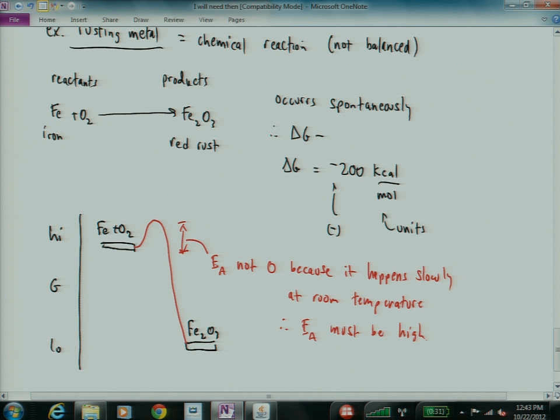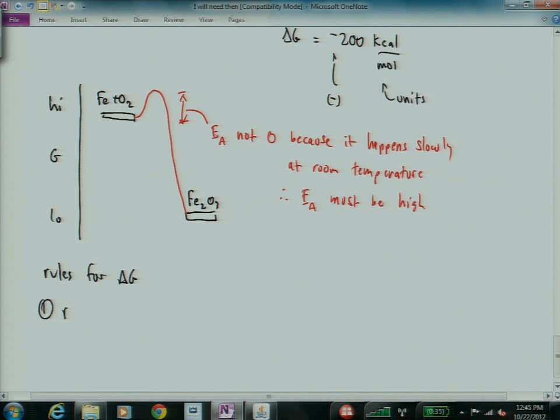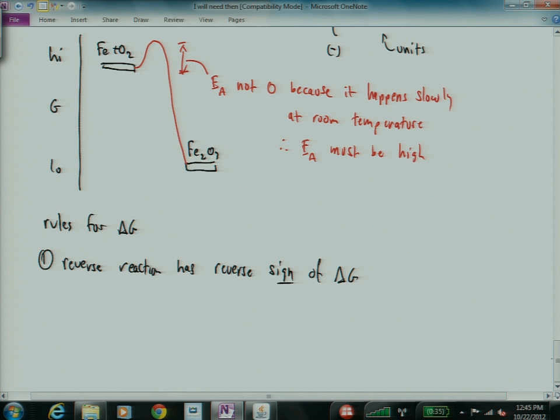All right, let me add one last wrinkle, and then we'll call it a day. So there's a couple rules for delta G. One is that the reverse reaction has reverse sign of delta G. So that is Fe2O3 going to Fe and oxygen.